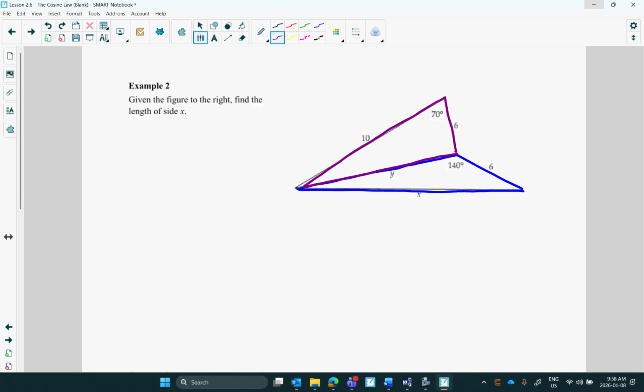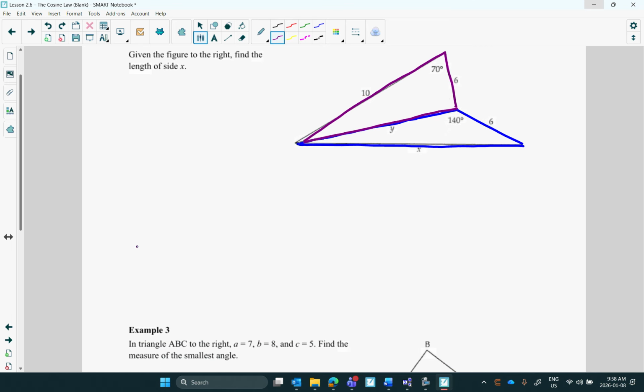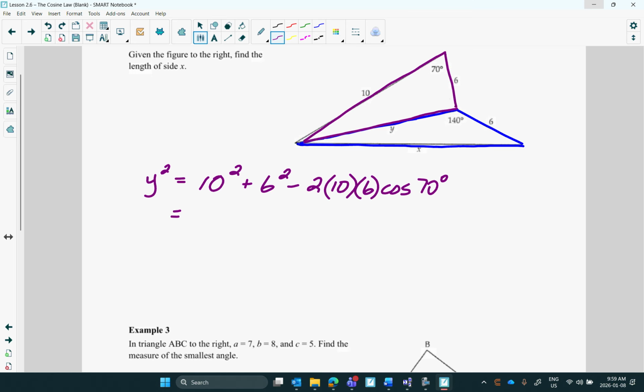Okay, so to find y, we're going to have y squared by itself. So y squared is going to equal the other 2 sides squared added together, minus 2 times those other 2 sides multiplied by each other, times the cos of the angle opposite the side we're trying to find. So I'm going to do 10 squared and 6 squared at the same time. That gives me 136.